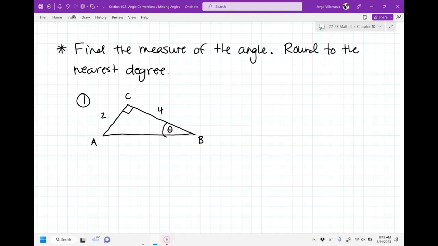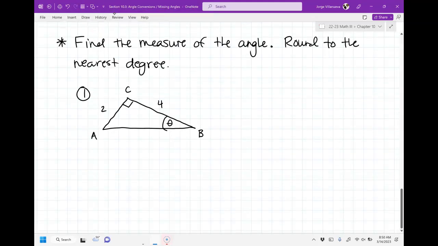Am I going to use sine, cosine, or tangent? Okay, so the best way to figure this out is to start labeling your hypotenuse, then your opposite side, then your adjacent side, and then from there you say, oh, I know the following, it has to be this, right?